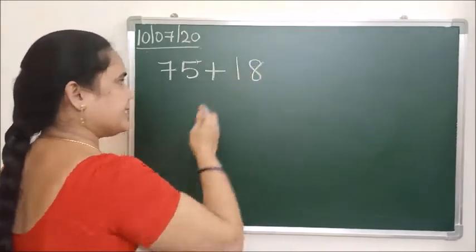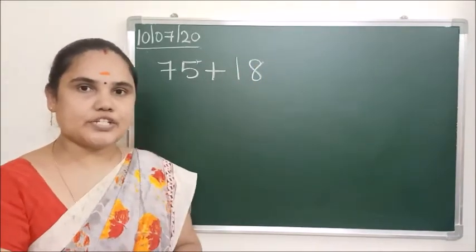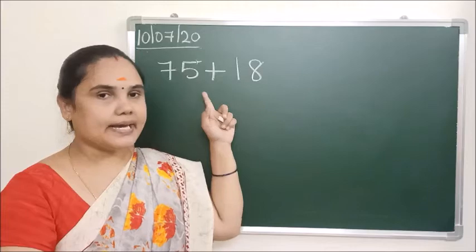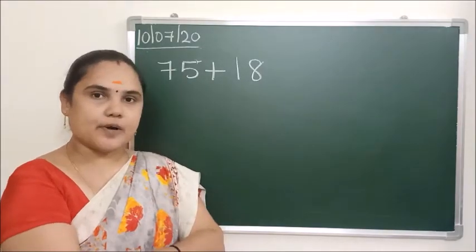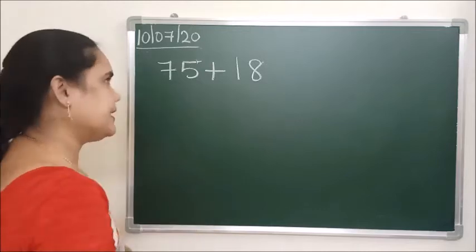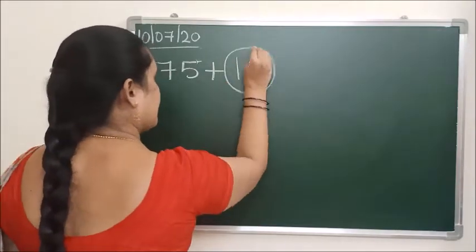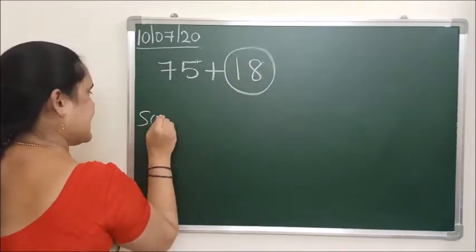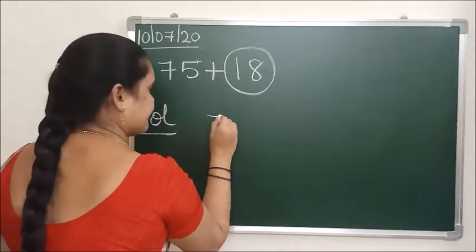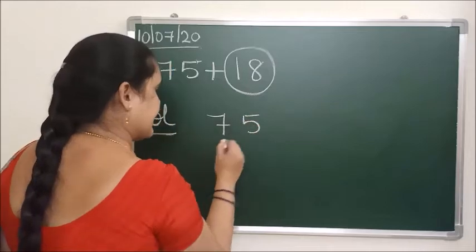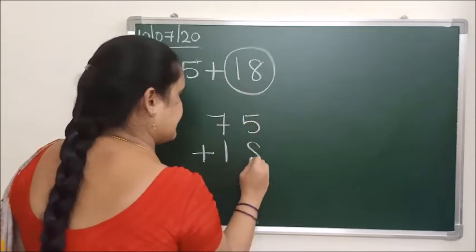75 plus 18. What is the question, children? 75 plus 18. Now tell me, children, which number is smaller? 18. Okay, now we are going to write the answer. Arrange the numbers one after one, children. 75 plus 18.